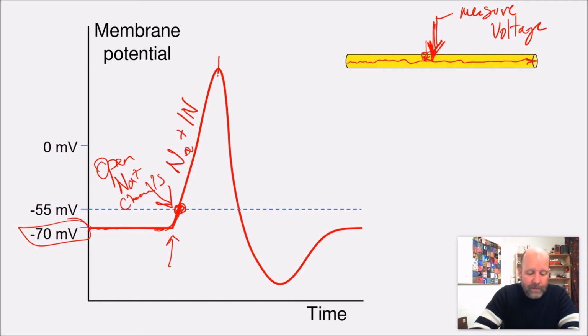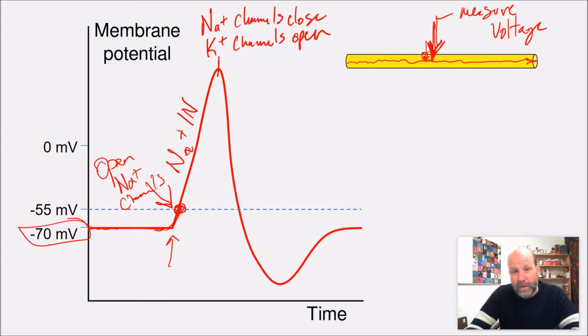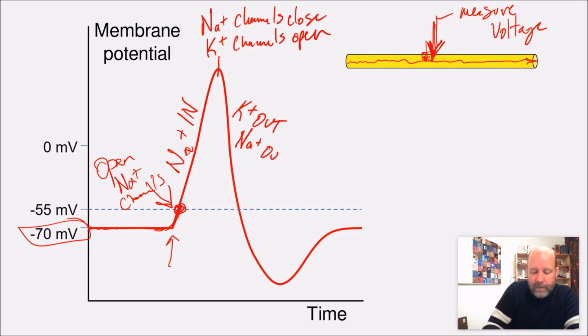And then right there, the sodium channels close and potassium channels, remember, they're on a delay. And so now potassium is rushing out. Sodium is being pumped back out and no longer rushing in. And so this is potassium going out, and this is sodium being pumped out.